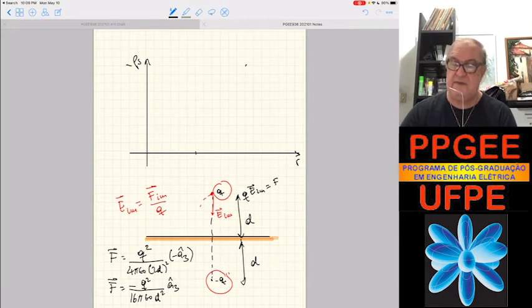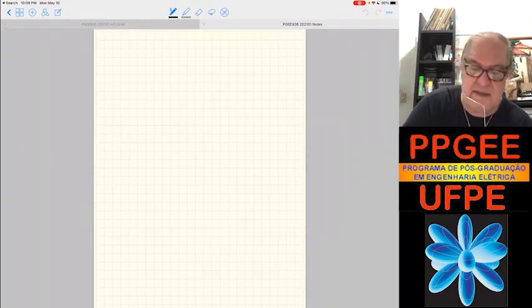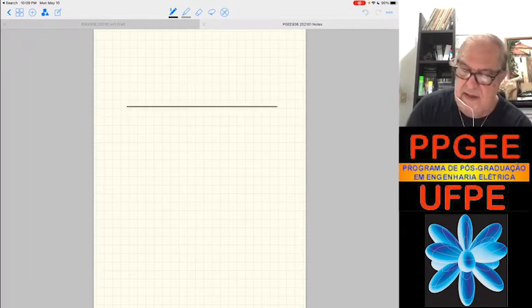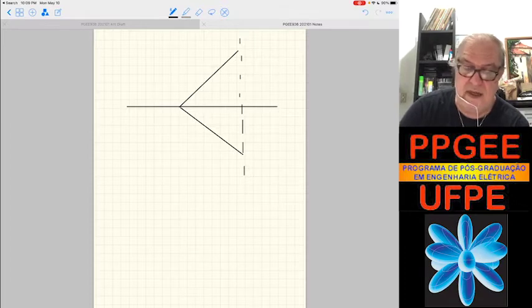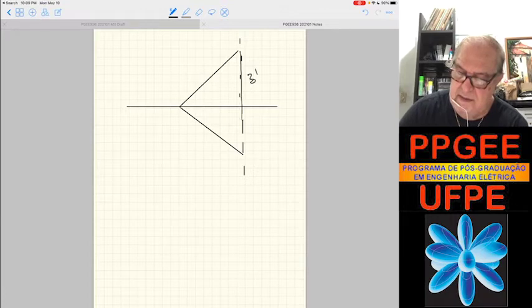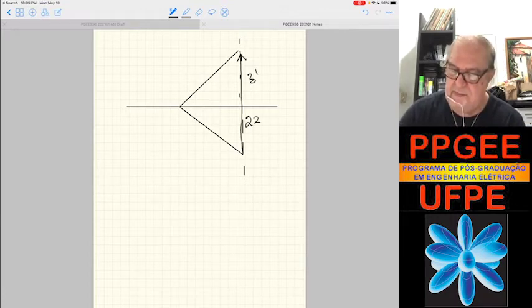Let me just draw here to make it easier. I'm going to draw in a vertical position. You have something like this, right? If this coordinate is z prime, then this vector here is going to be 2z prime az.